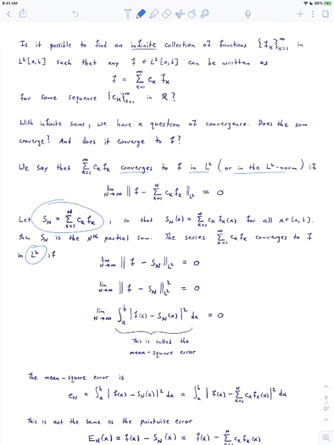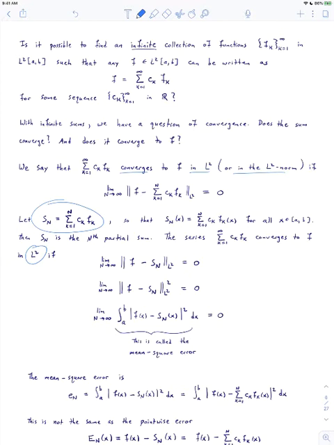So if the L2 norm goes to 0, then the L2 norm squared goes to 0. So we write that out here: the limit as capital N goes to infinity of this L2 norm squared, that's the integral over [a,b] of f at x minus Sn at x, quantity squared, dx.